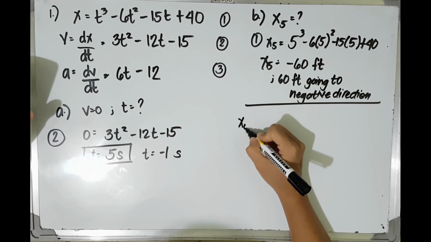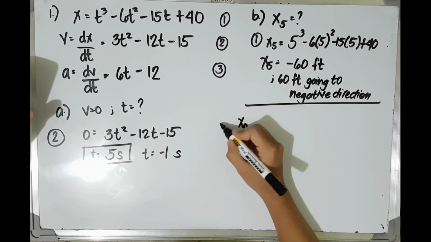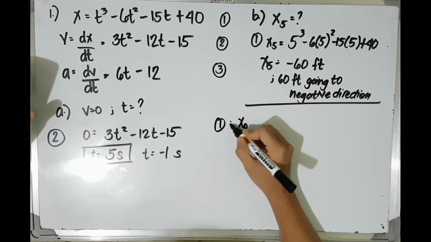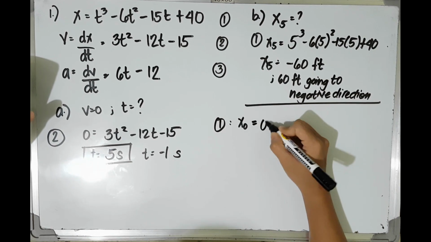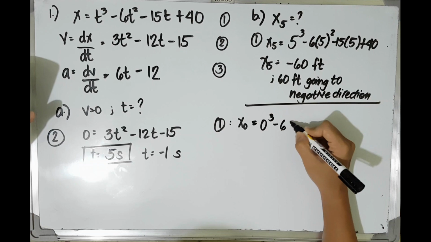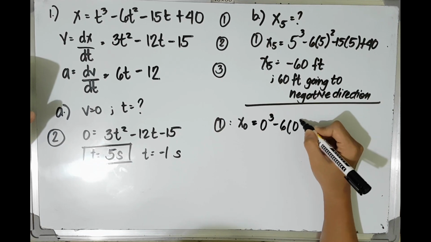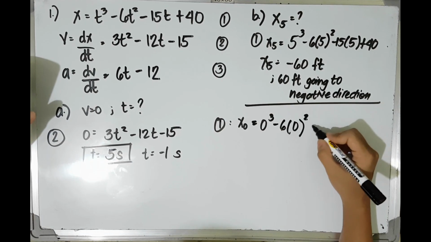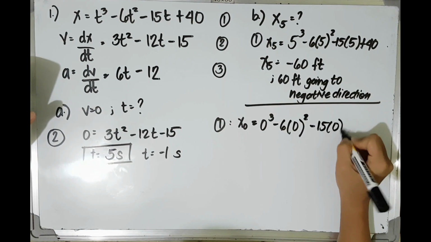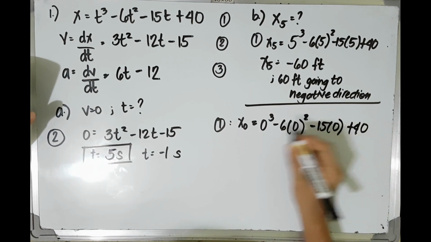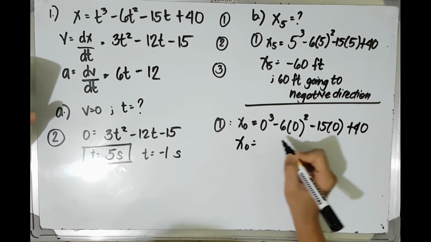And then next we will determine the distance traveled by the particle at that time. Meaning the distance from time equal to 0 seconds to time equal to 5 seconds. So we equate equation 1, with time equal to 0.